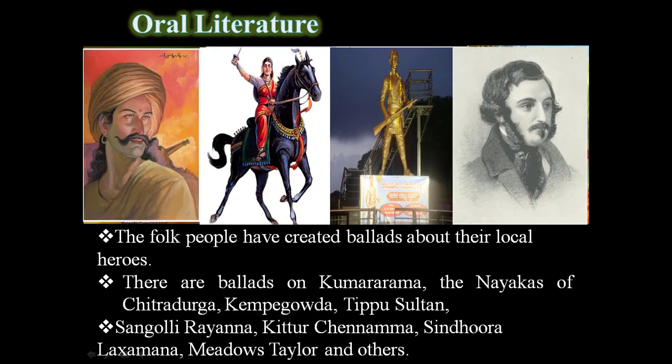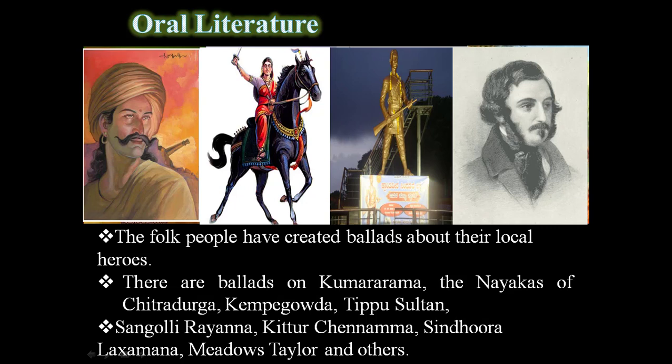Even Sangolli Rayana, Kittur Rani Channamma, Sindhura Lakshmana, Midas Taylor and others. These are all personalities about whom people created songs, much like the present day advertisements that reach goods or things to people.